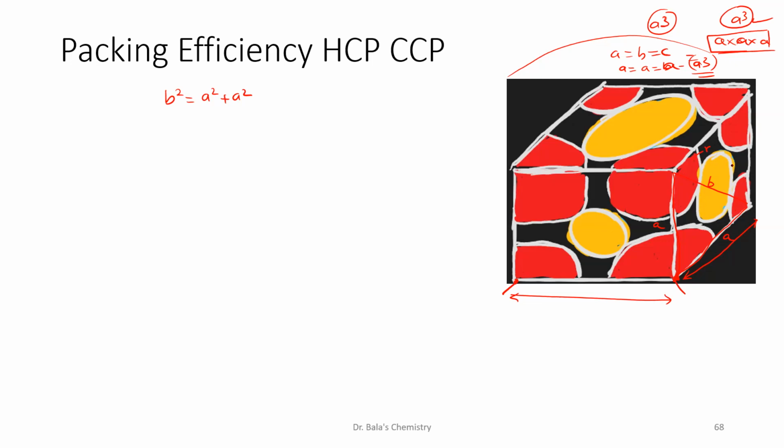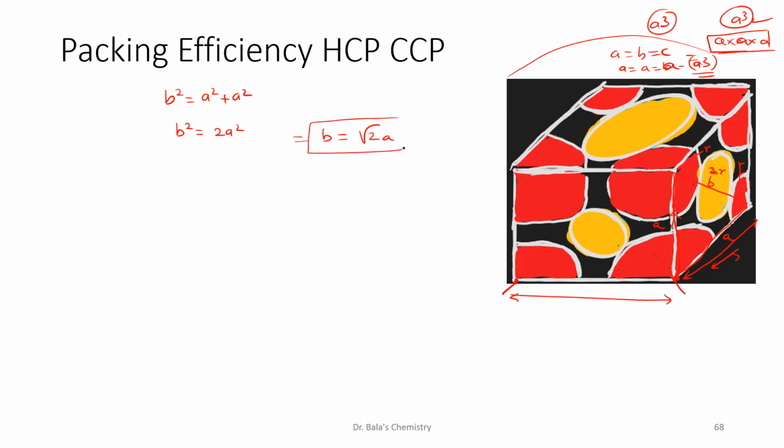One full atom, the yellow one, is 2R, and here another 1R is there. So B square is equal to 2A square, and so B is equal to root 2 A. Am I right?